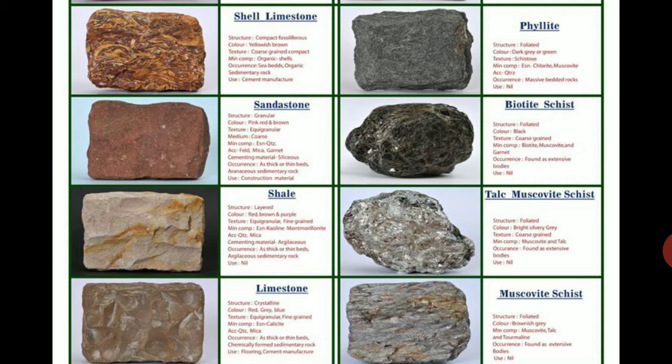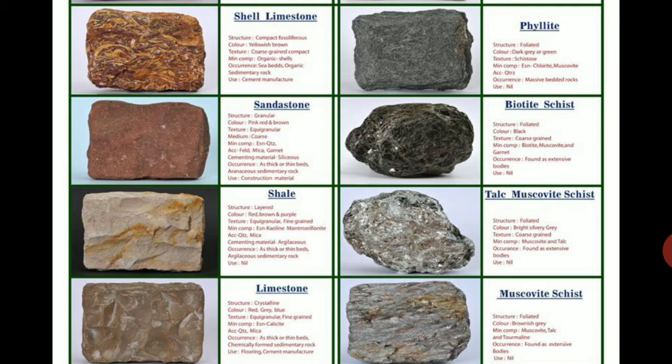Next is shale. Structure is layered. Many layers are there in the shale. Color red, brown, and purple. Texture equigranular, fine grained. Mineral composition: essential minerals are kaolin and montmorillonite.